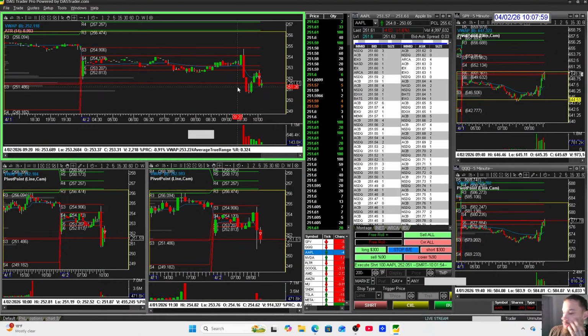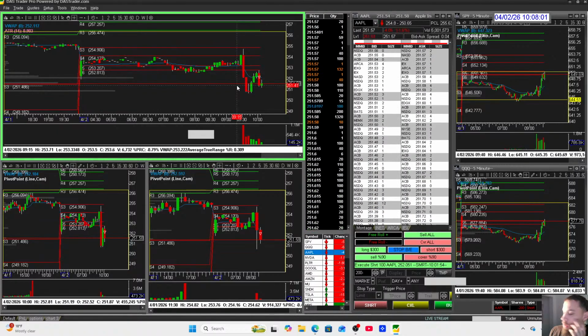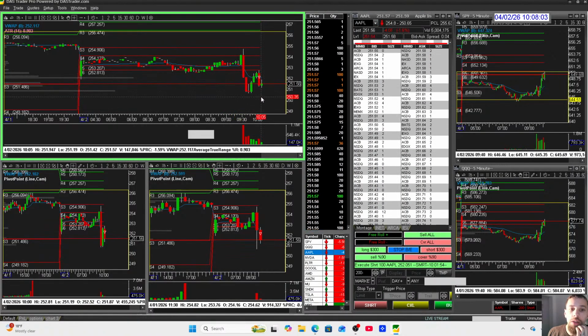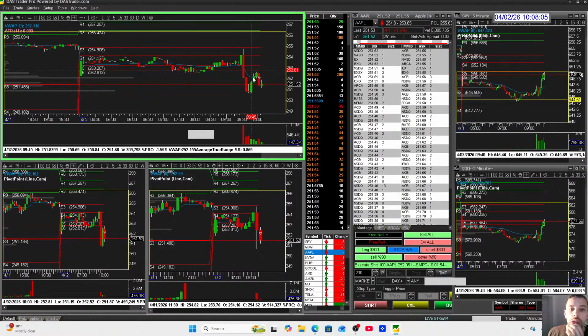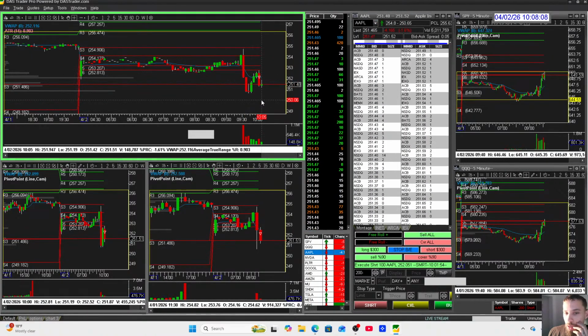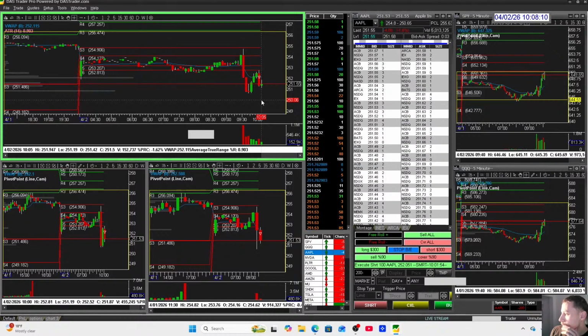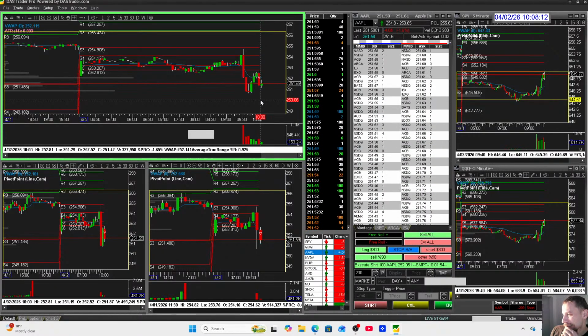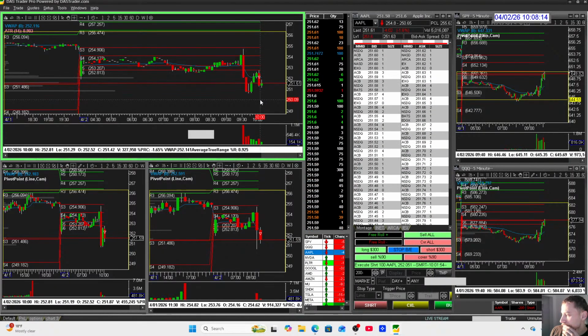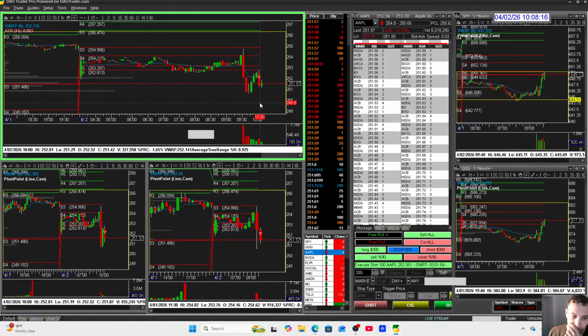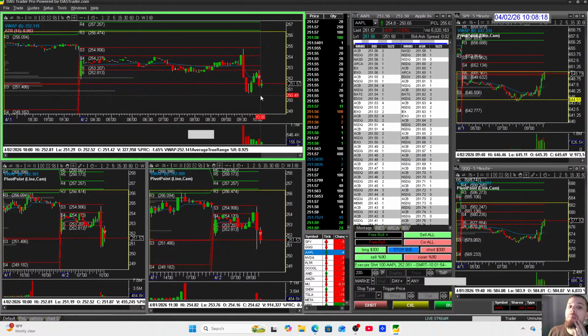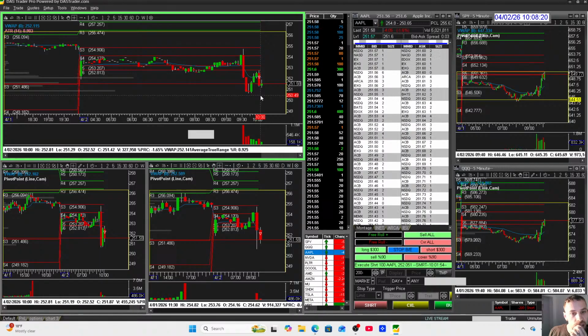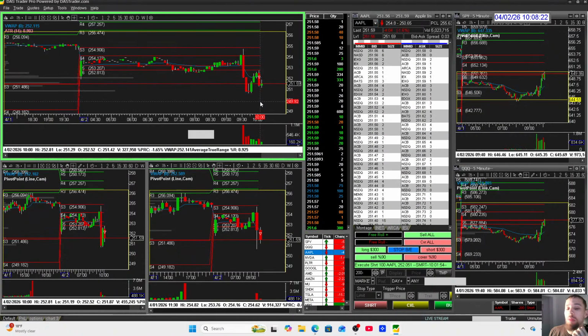Apple hasn't moved its full ATR just yet, so it's good for me. Around 250 is actually where it'll be around its average true range. So if this were to work out, 250 is the target. We gotta close it then.